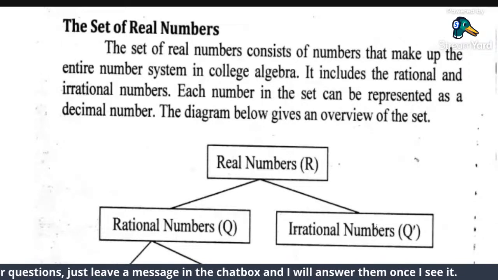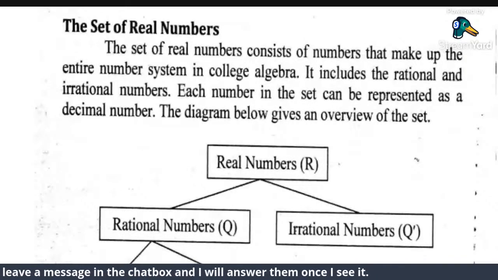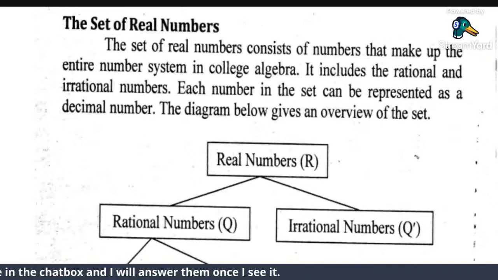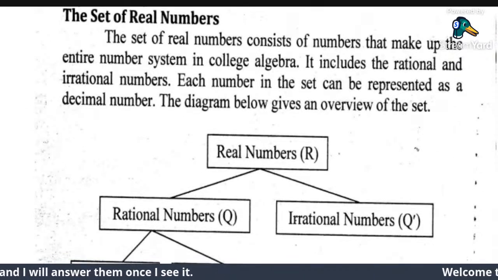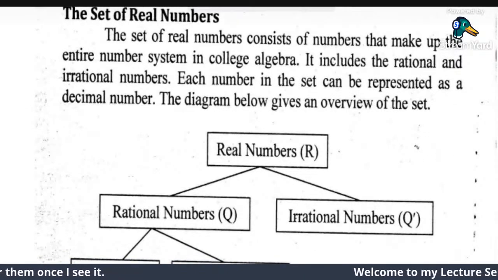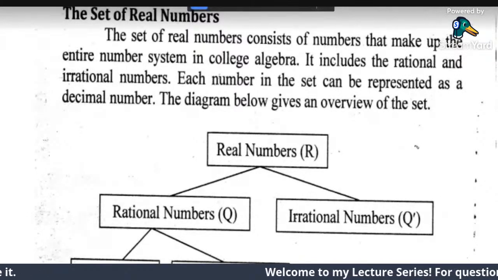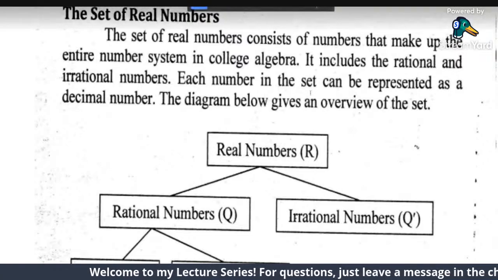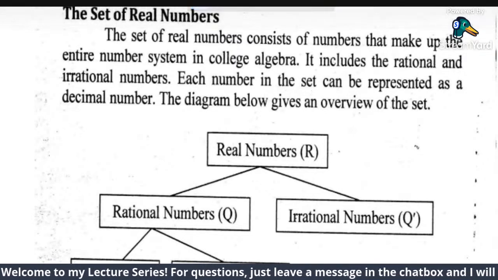That's how we represent them in this discussion. The rational and irrational numbers would make up your real numbers, and each number in the set can be represented as a decimal number.